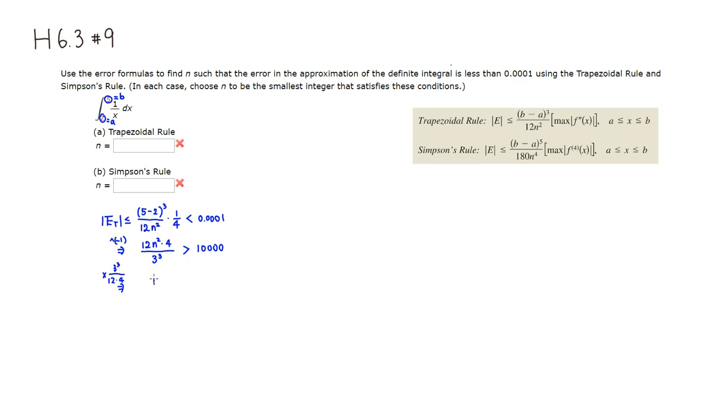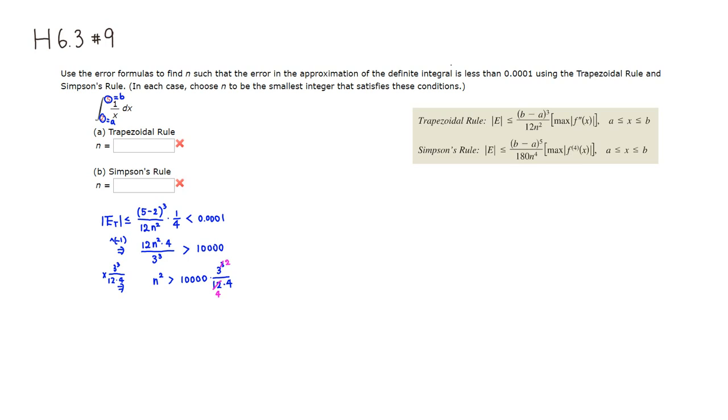That way we have just n squared is greater than 10,000 times 3 cubed over 12 times 4. We can simplify a little bit by hand. Use one of the threes: divide by 3, that will be 2. Divide by 3, that will give you 4.